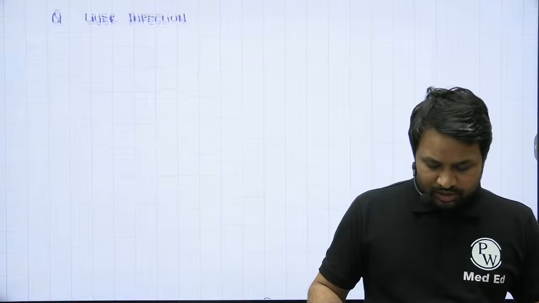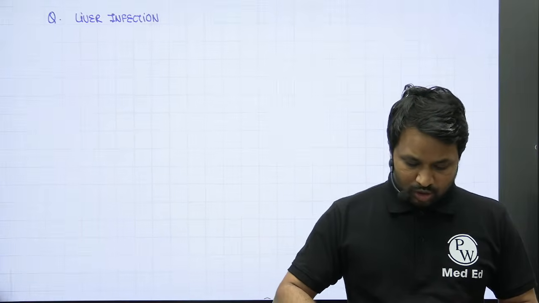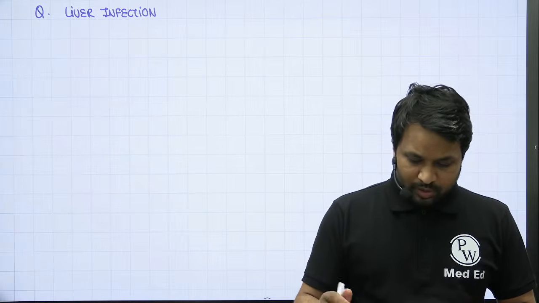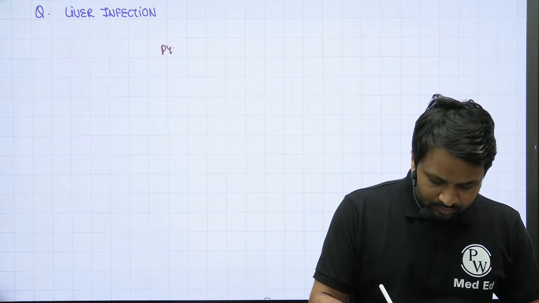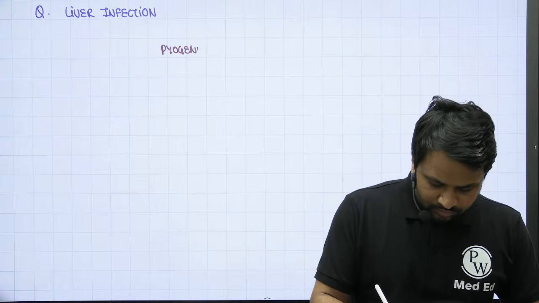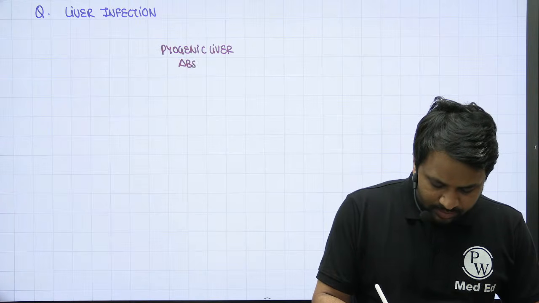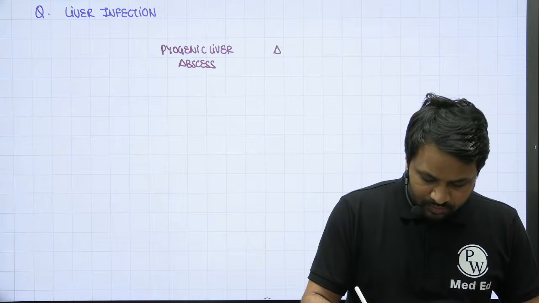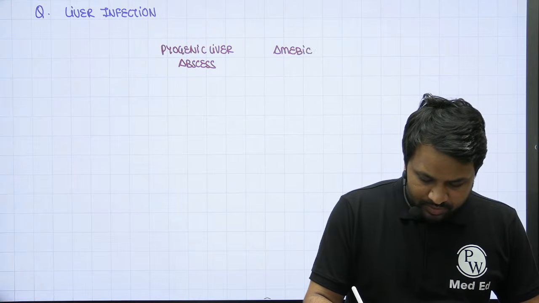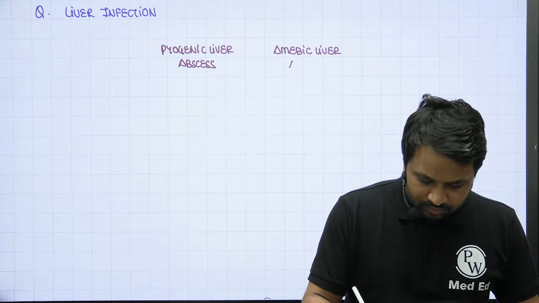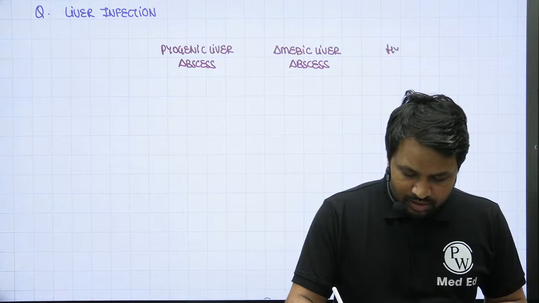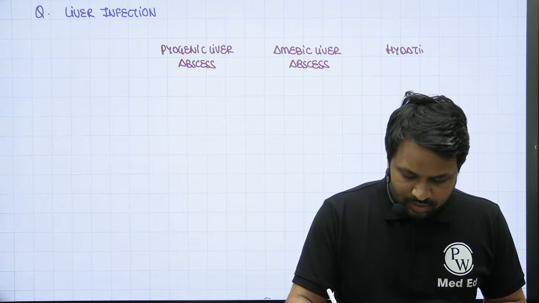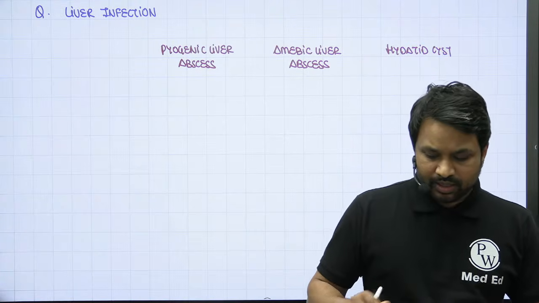when you talk about the liver infections, to impress your examiner, we'll do comparative data. We'll be talking about pyogenic liver abscess, amoebic liver abscess, and the hydatid cyst of the liver.